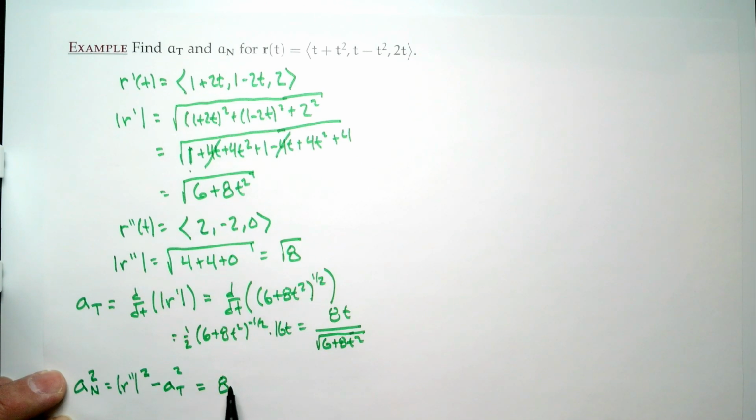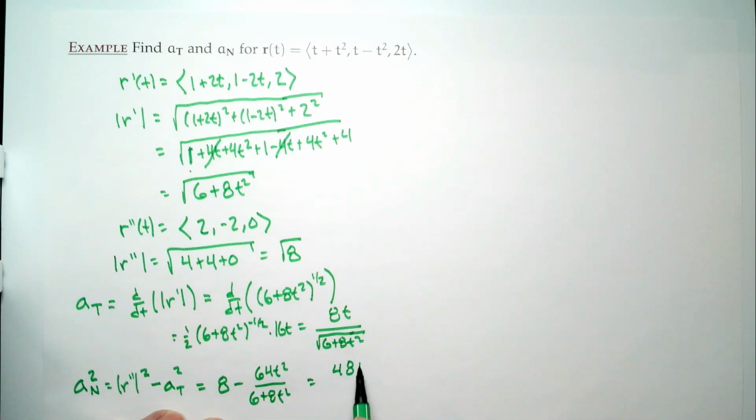And then we're going to subtract the square of this, that's 64t squared over 6 plus 8t squared. Now, if we combine with a common denominator, this would be 48 plus 64t squared divided by 6 plus 8t squared.